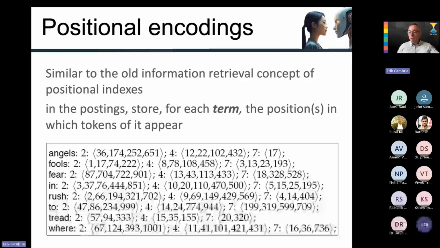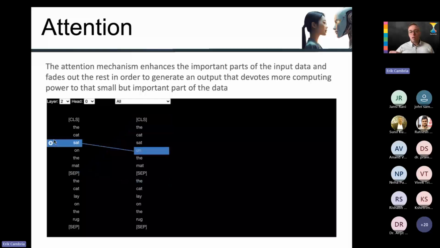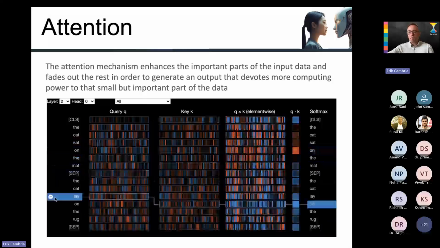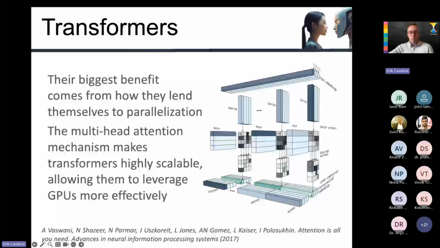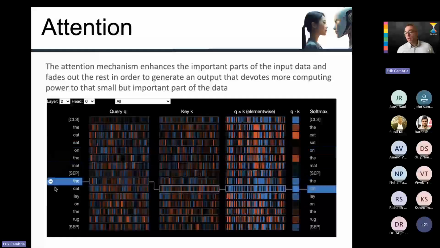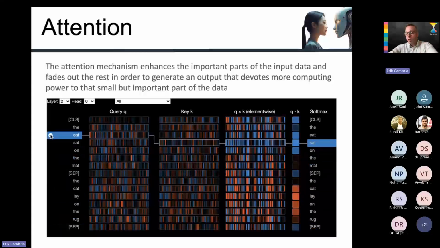So before, with convolutional neural networks, I was using this sliding window that goes through the sentence and only looks at words that appear before and after. Now I'm just saving all the positions of all the words in all the documents, and then use what? Then use attention. The attention mechanism is a very important and powerful concept that was introduced with the first paper on transformers. The title was Attention Is All You Need. Very cool title. And attention is a mechanism that is inspired by human attention.